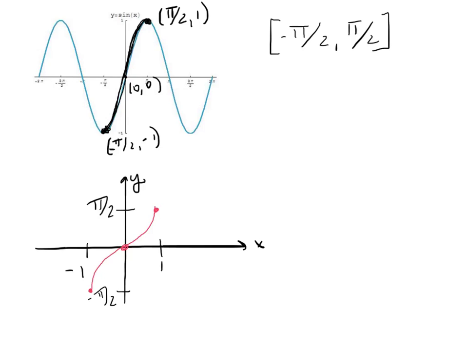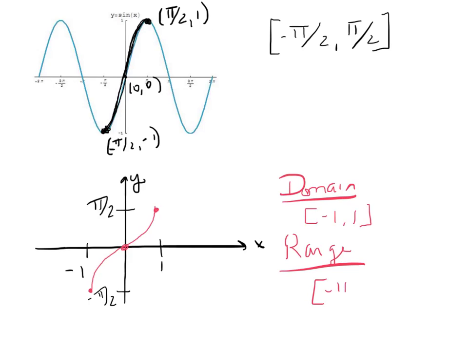It's just that one little piece. Its domain is negative 1 to 1, and the range is negative pi over 2 to pi over 2. So up top, this is sine.